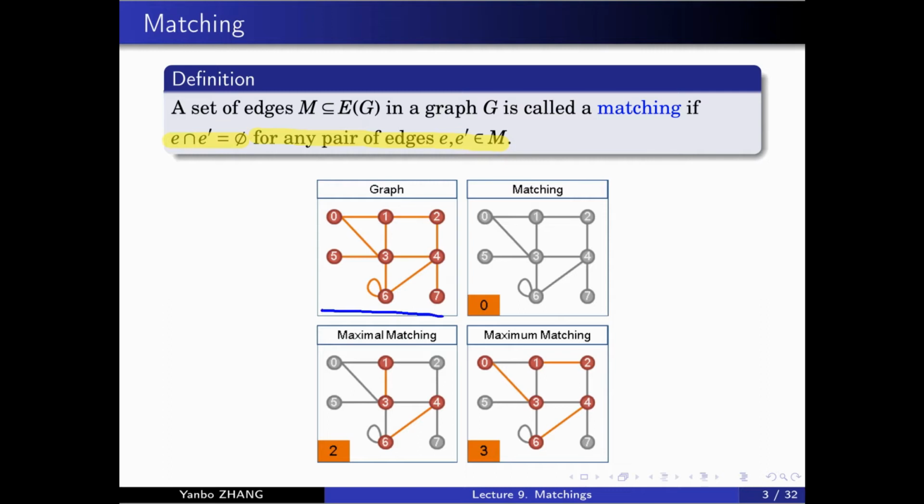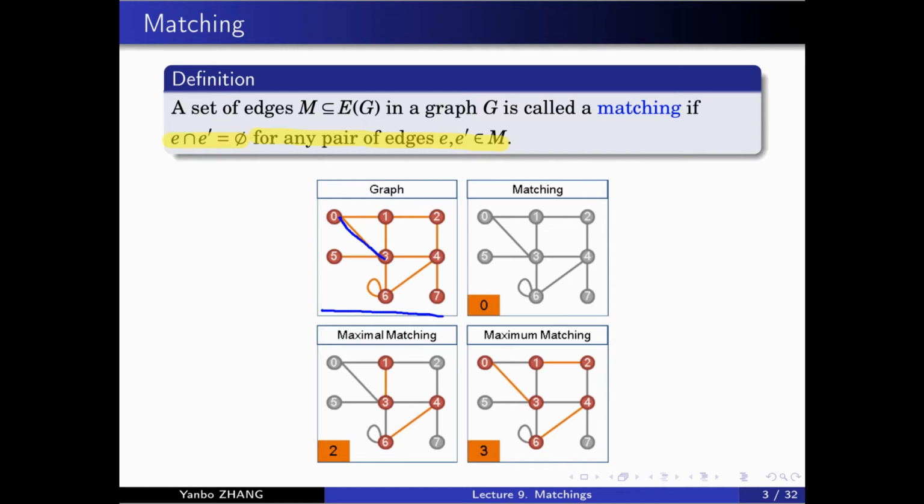Here is a graph with 8 vertices. We can choose an edge from this graph, 0, 3. This single edge, 0, 3, forms a matching.